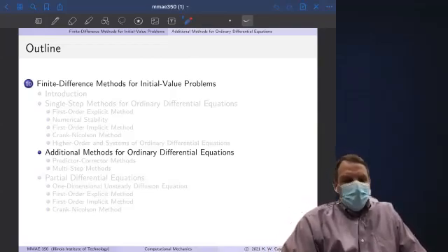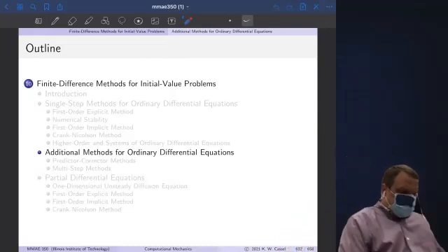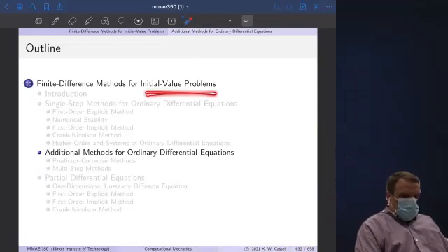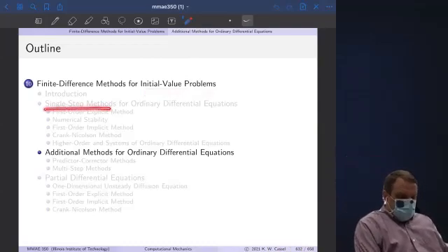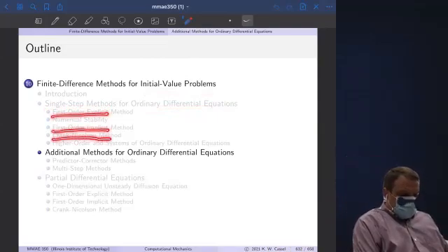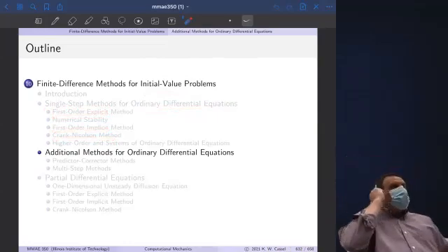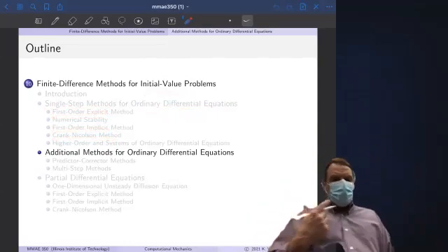Great. Okay, so we've been talking about finite difference methods for IVPs, initial value problems. We've been focusing so far on single step methods for ordinary differential equations. And basically we have three methods: first order explicit, first order implicit, and Crank-Nicholson. And just remember the pros and cons in terms of accuracy and numerical stability.